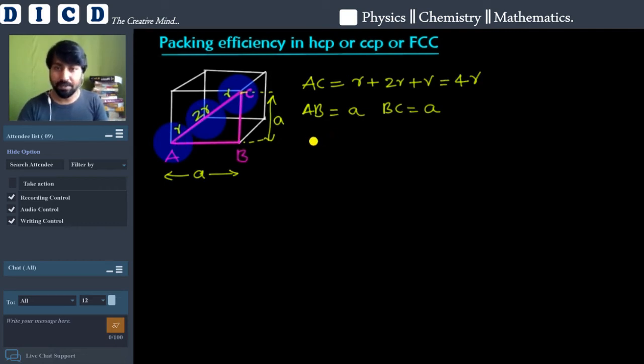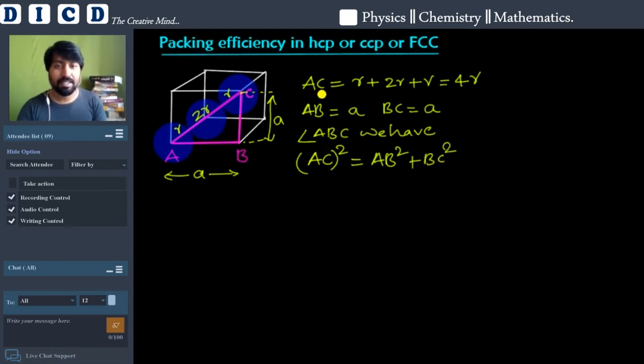From the Pythagoras theorem, we want to find the AC length in terms of the edge length a, that is AC square equal to AB square plus BC square.